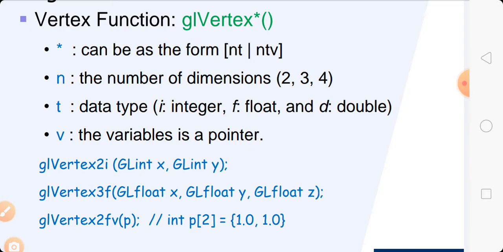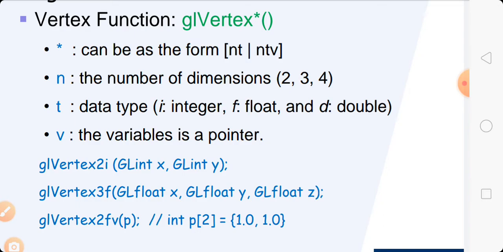GL vertex 2i, I means integer, and its dimension is 2, so we have to pass two parameters, that is GLint x and GLint y. Now the second function, GL vertex 3f. Here f represents the floating value, float data type, and 3 represents n, the number of dimensions.